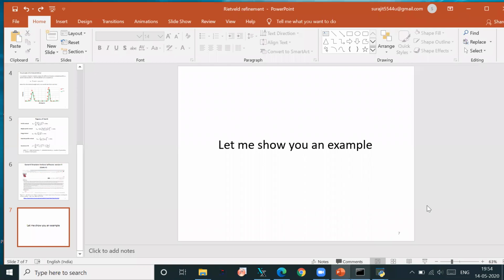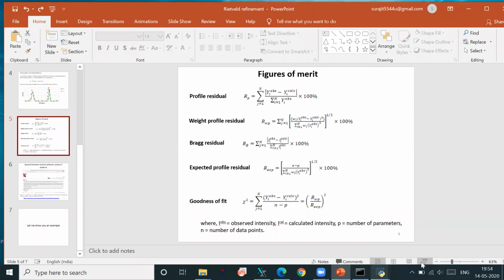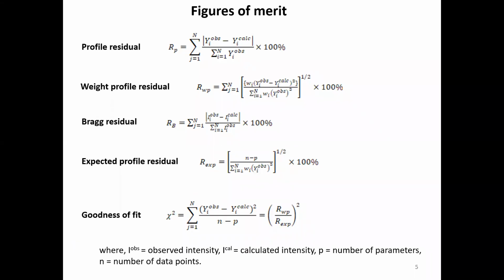What do the different figures of merit represent? Okay, so these are different formulas. Here it is giving the profile residual, meaning the residual when we consider the observed point and the calculated point. Unlike that, in the weight profile residual you have to consider the statistical weight. In Bragg's residual, unlike the observed point, you are considering the Bragg intensity.